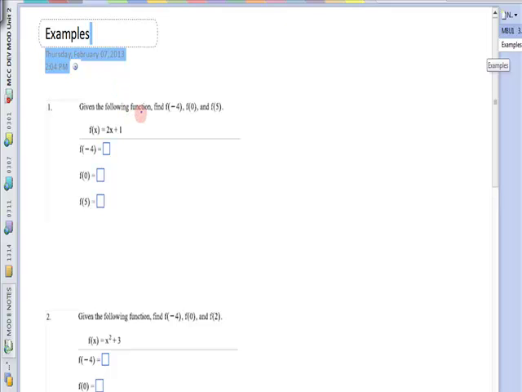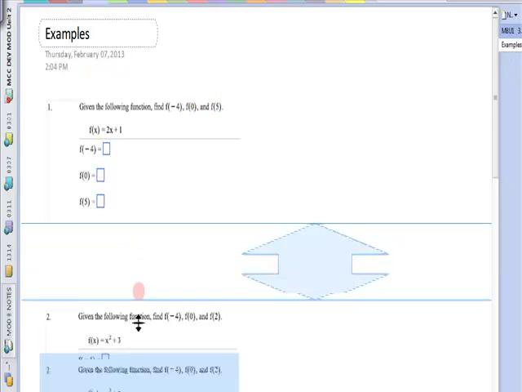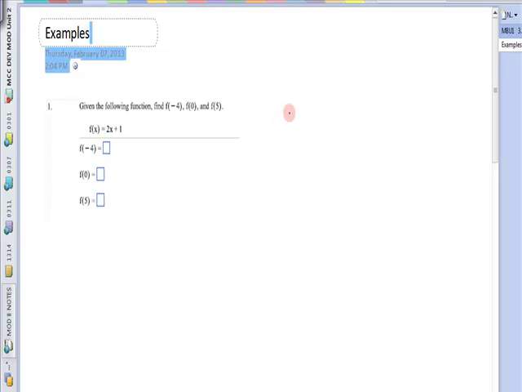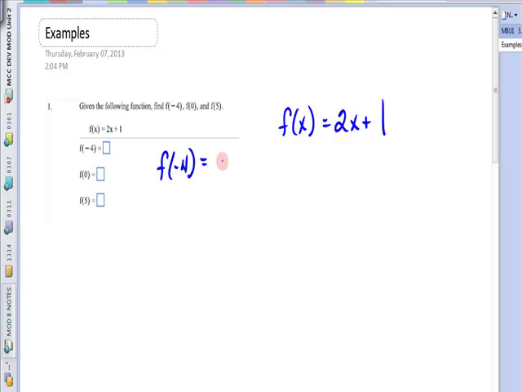Given the following function, find, and it says 3 things, f of -4, f of 0, and f of 5. All right, so I have f of x is 2x plus 1. That's my function. f of negative 4 is 2 times negative 4 plus 1. It is negative 8 plus 1.